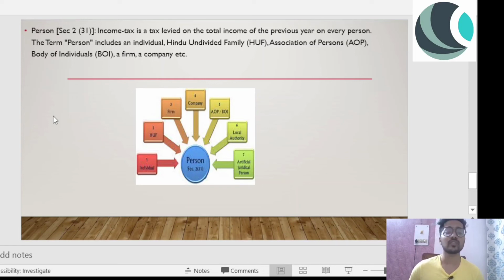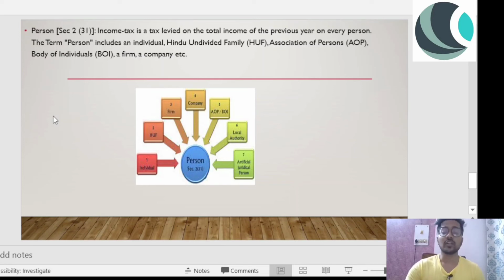Now the term person includes an individual, Hindu undivided family, association of persons, body of individuals, a firm, a company, etc. Now what basically happens if I talk about income tax to someone who is not from a commerce background, and if I tell them that income tax is levied on every person, they'll think every individual.